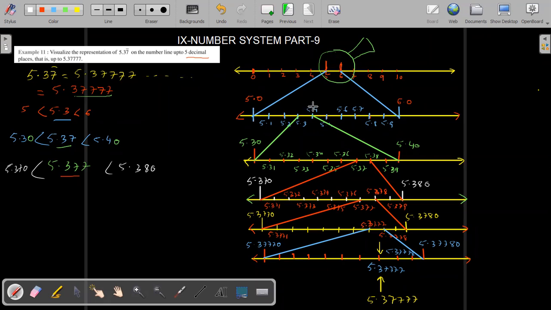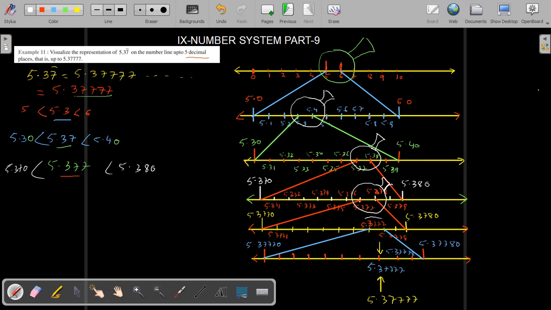For zooming, you can draw a magnifying lens. You can put one magnifying lens here, and then here also. Otherwise, no need to put a magnifying lens. It is not necessary. Everyone understood.